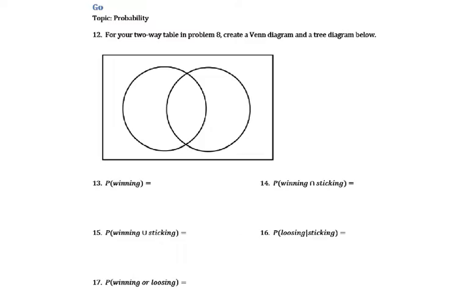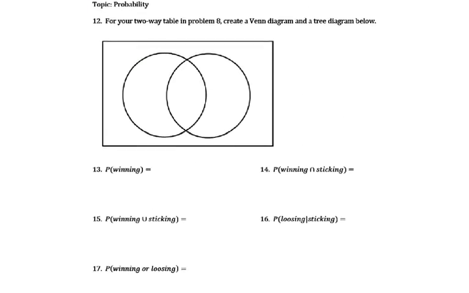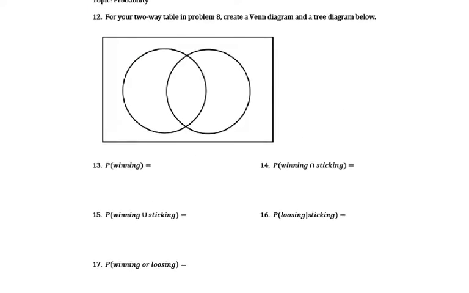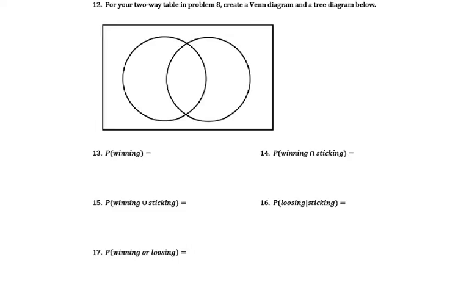Okay, now looking at 12. For your two-way table in problem 8, create a Venn diagram and a tree diagram below. So we've got this Venn diagram here, and now we're going to talk about using it. Since we're talking about sticking, one of these circles needs to be sticking, and one of them needs to be winning, because that's what we're talking about.